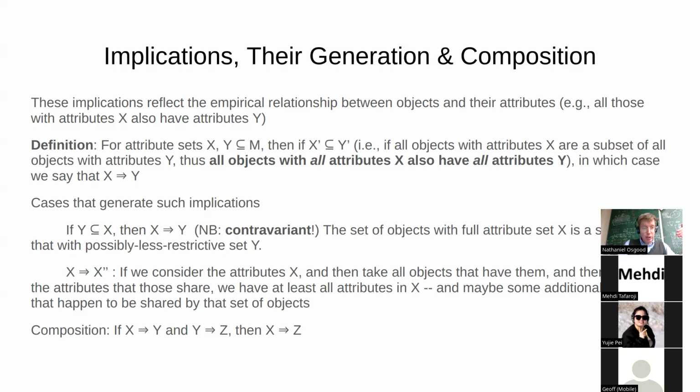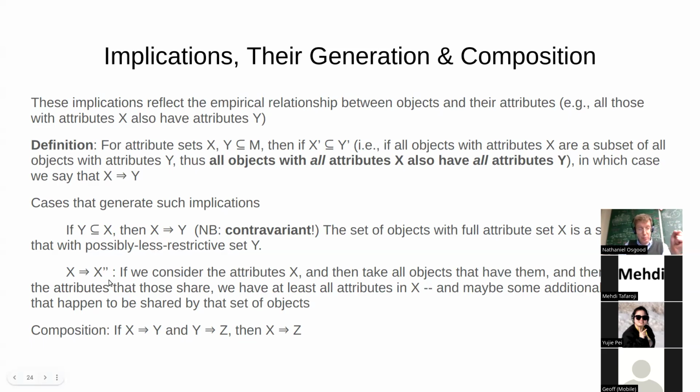And these implications can come out of the structures here. We can deduce these from these structures. So look, if Y prime is a subset of X prime, then X implies Y. If the set of objects with full attribute set X is directly, and remember these are concepts, a subset of a possibly less restrictive Y, then X implies Y. But more than that, if we have a set of attributes and we consider all objects that have them, and then take all the attributes that those share, that's the X double prime.